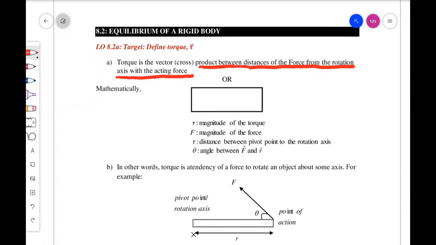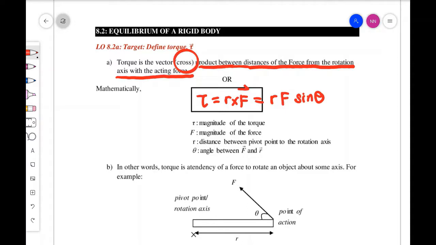Formula dia adalah torque equals to R cross F. Juga sama dengan RF sin theta. Okay. Sebab ini adalah cross product.